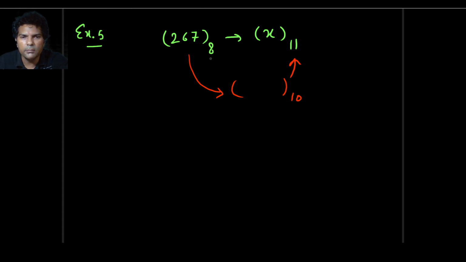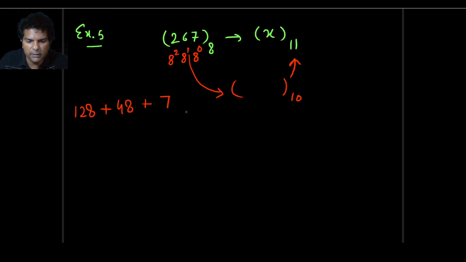Any number system to base 10, the procedure is the same: a to the power 0, a to the power 1 and a to the power 2, and you multiply by the corresponding digit. So 8 to the power 0 multiplied by 7, that is 7, plus 8 to the power 1 multiplied by 6, that is 48, and 8 to the power 2, that is 64, multiplied by 2, that is 128. Clear? So 128 plus 48 plus 7 is equal to 183.